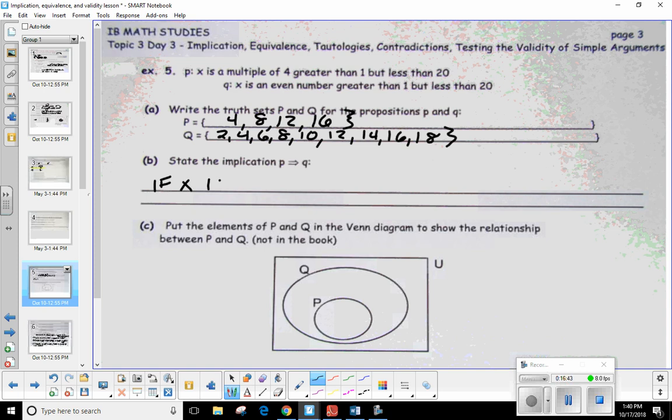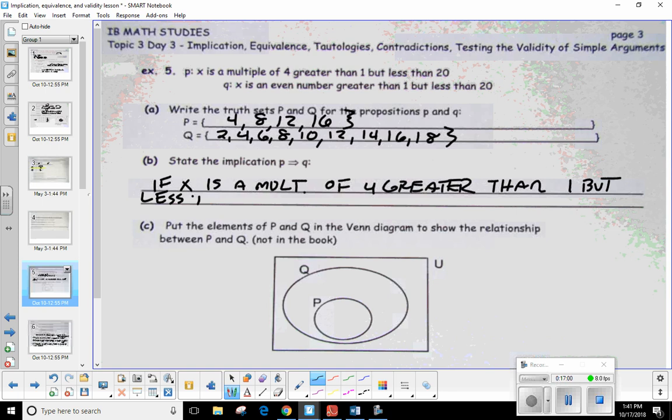Okay, if x is a multiple of 4 greater than 1 but less than 20, what did you say, sir? That x is an even number. Then x is an even number greater than 1 but less than 20.